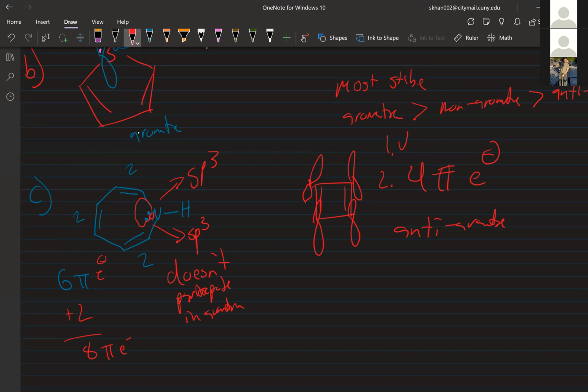And on your test, if you do get a heterocycle, like example C here, just make sure to point out that the nitrogen, or whatever oxygen, sulfur, whatever you might have, is going to be sp3 hybridized and that's non-aromatic, right? So that's very clear, and that will give you points.